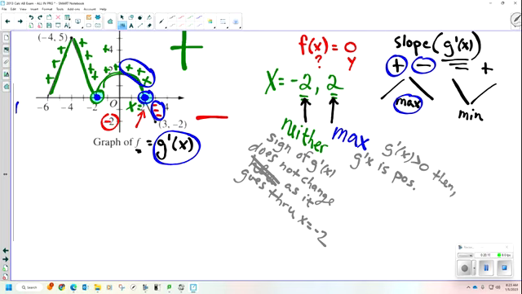Then, as it goes through x equals 2, g prime of x becomes less than 0. So the sign of g prime of x goes from positive, which is greater than 0, to negative, which is less than 0, as it goes through x equals 2.